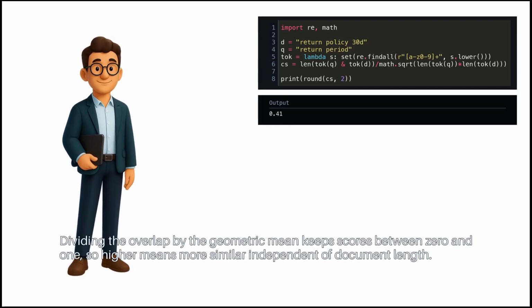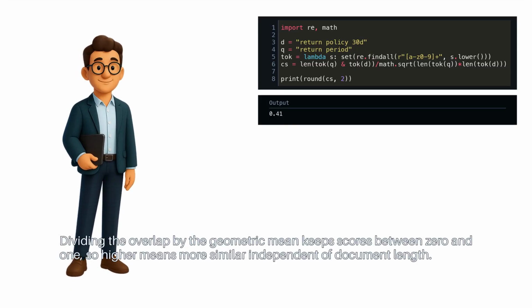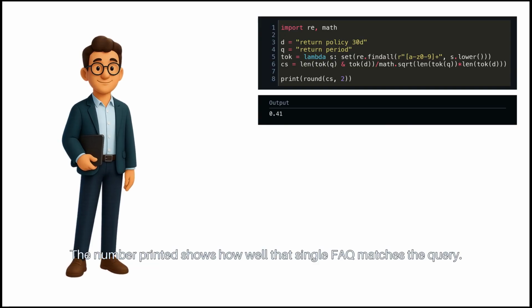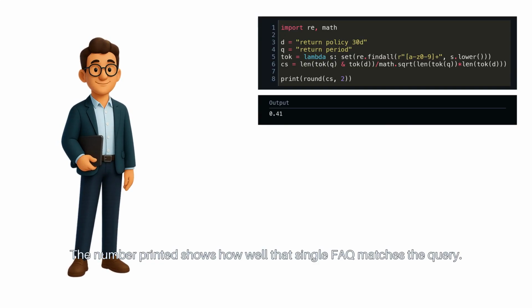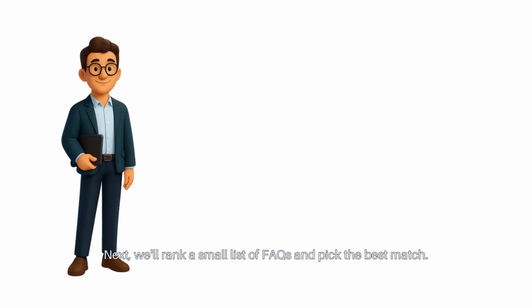Dividing the overlap by the geometric mean keeps scores between 0 and 1, so higher means more similar, independent of document length. The number printed shows how well that single FAQ matches the query. Next, we'll rank a small list of FAQs and pick the best match.